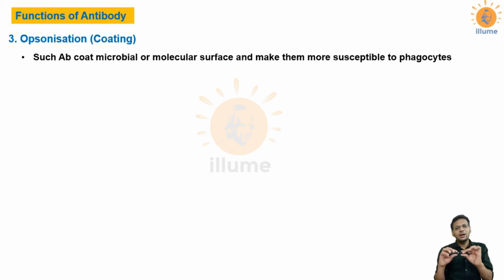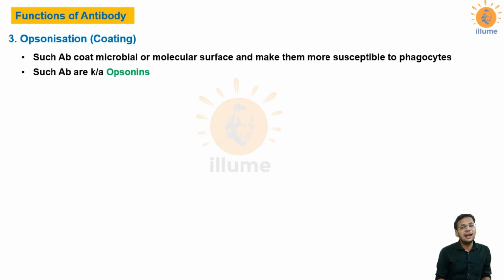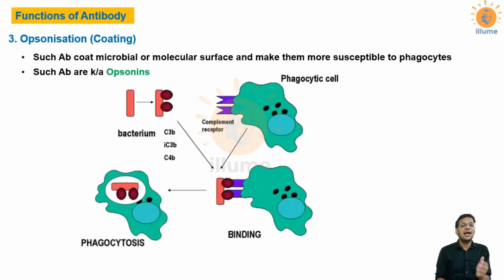If they are not coated by the antibodies, your phagocytes would take time to recognize this, but once they are opsonized with the antibodies, your phagocytes can easily recognize them and act over them, and such antibodies are called opsonins. So antibodies are of different categories depending on their function. Opsonins produce opsonization, agglutinins cause agglutination, and antitoxins neutralize toxins.